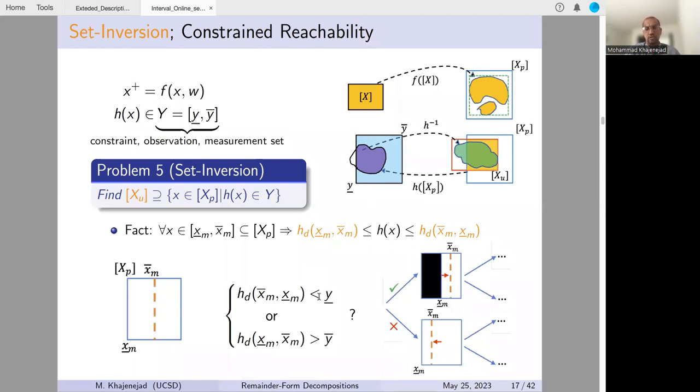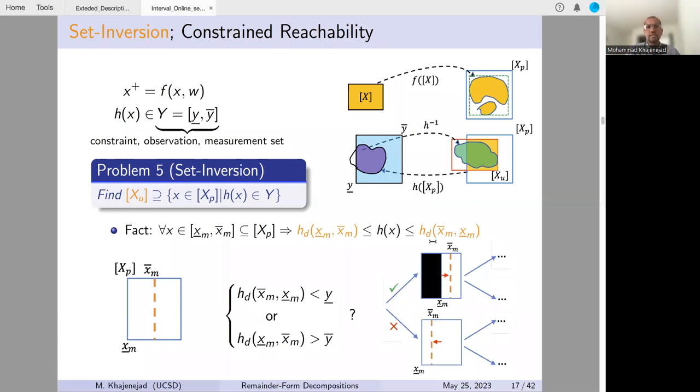So by doing that and then using bisection, we can rule out those inconsistent sub-intervals of the propagated set and design a tractable algorithm that can handle this set inversion.